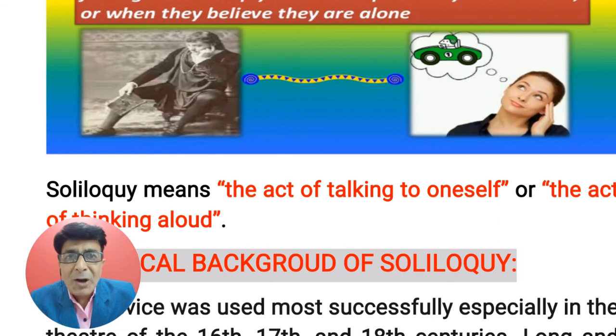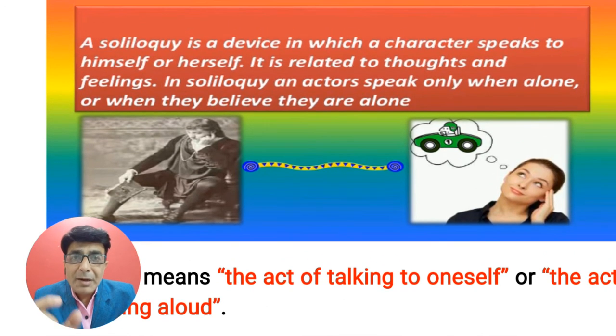So at this point of time, the dramatist uses the soliloquy and the character starts thinking aloud, means what thoughts are going on in his mind, he speaks out. And at this point of time, other characters are not listening to him, or there is no other character standing on the stage.